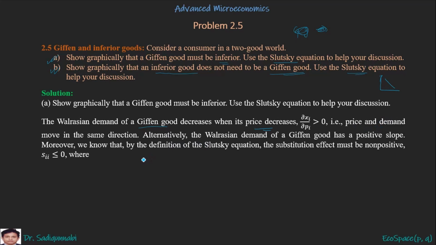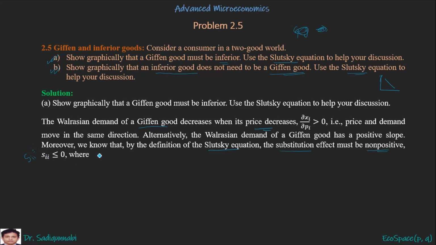From the definition of the Slutsky equation, we know that the substitution effect must be non-positive. In the last exercise we have seen that the substitution effect, SE, is negative.